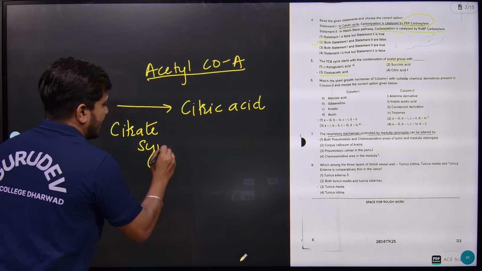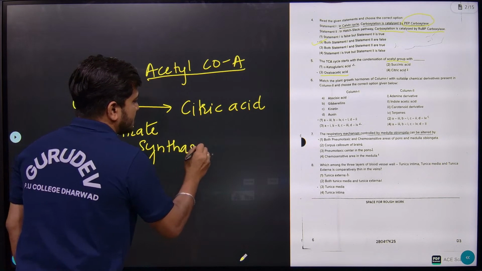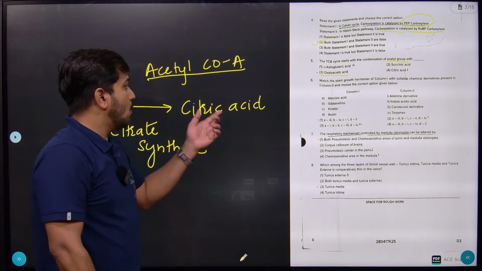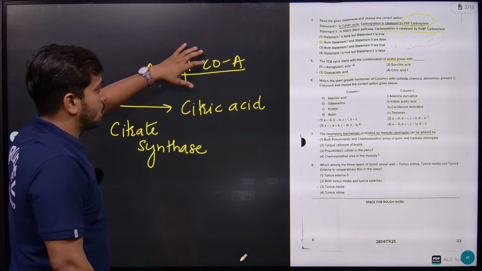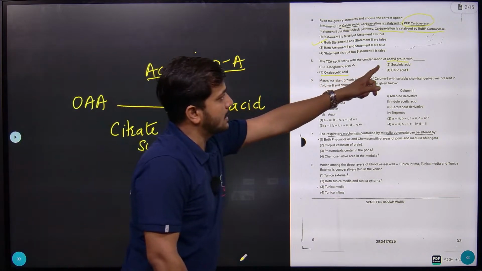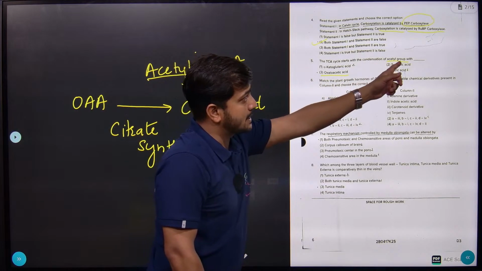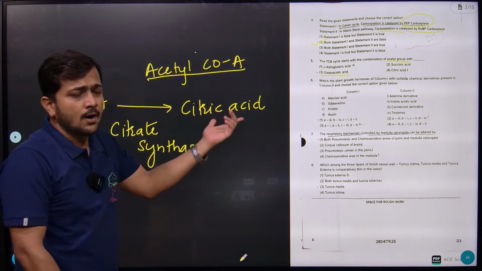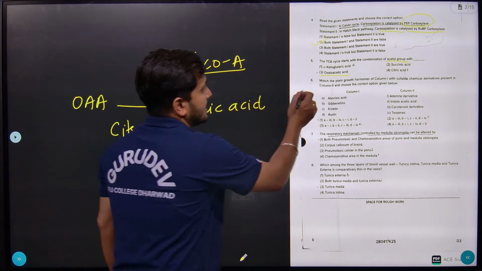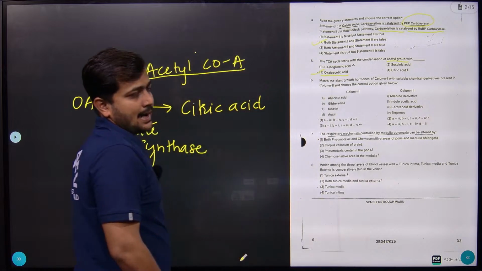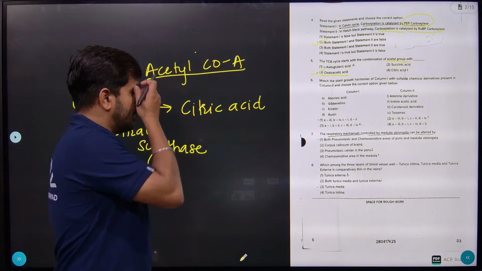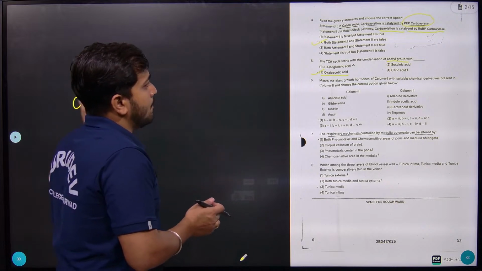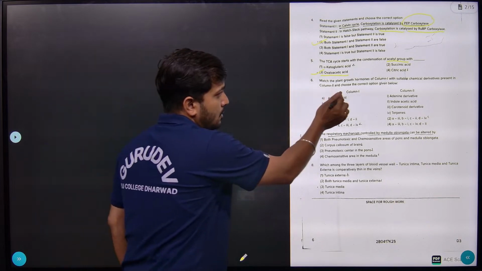Citrate synthase itself leads to the formation of citric acid, by means of utilization of acetyl CoA, that is the condensation of the acetyl group with oxaloacetic acid to form citric acid. So here the answer is oxaloacetic acid.